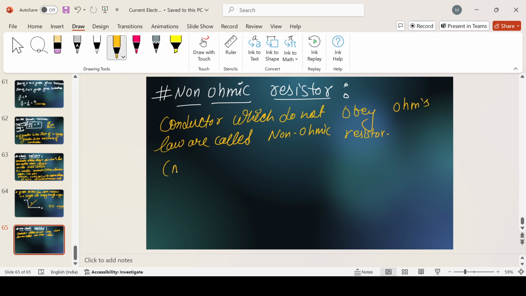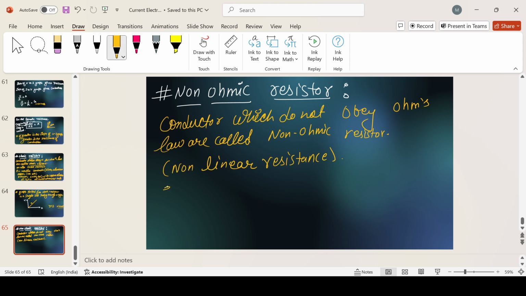Or we can say also called non-linear. Non-linear means not a straight line. Non-linear resistor. ठीक है? Done. Yes, sir.